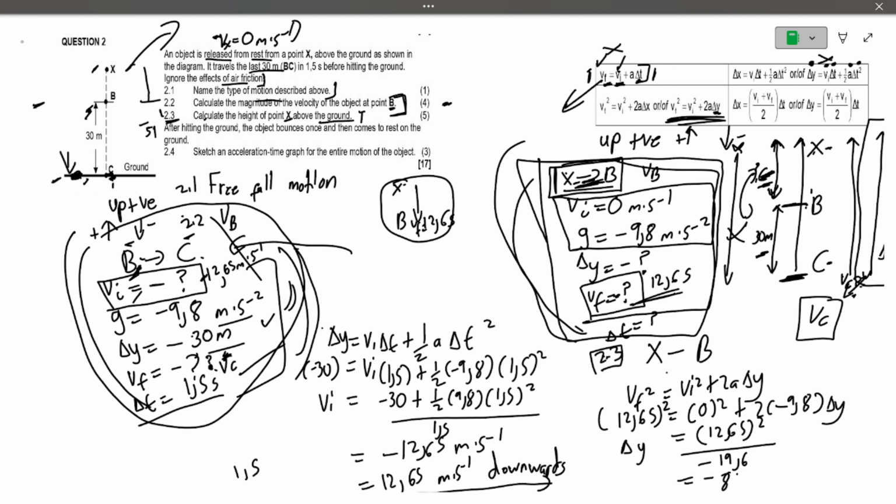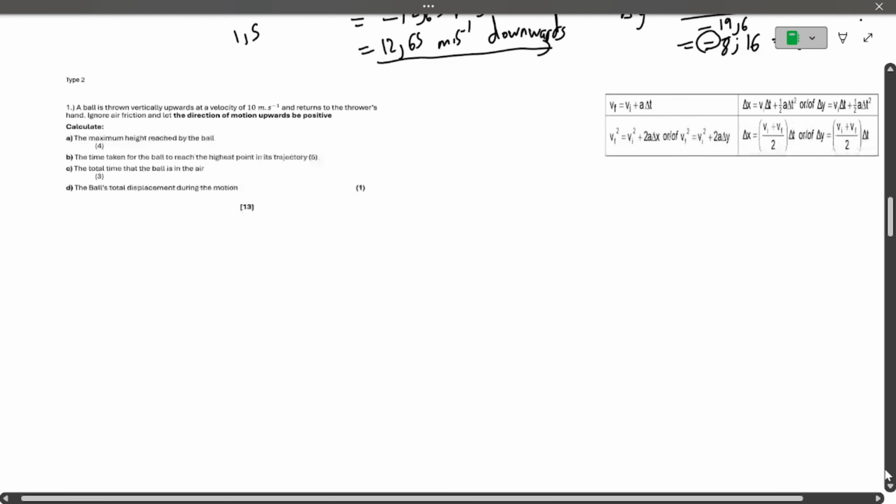What does this negative tell us? It tells us the direction. If up is positive, it means down is negative, so it's just 8.16 meters downwards. But direction doesn't matter at this point.